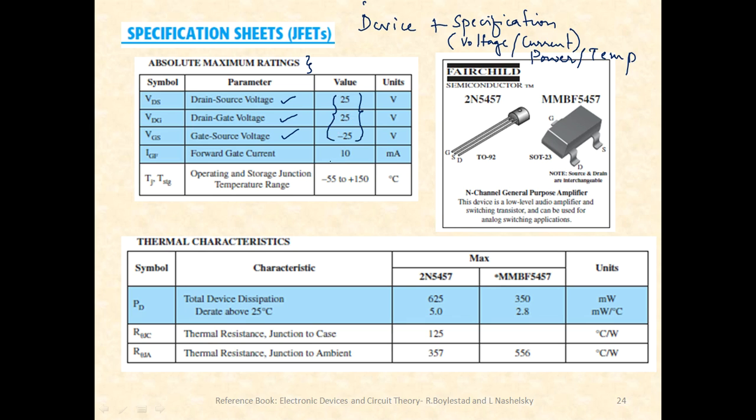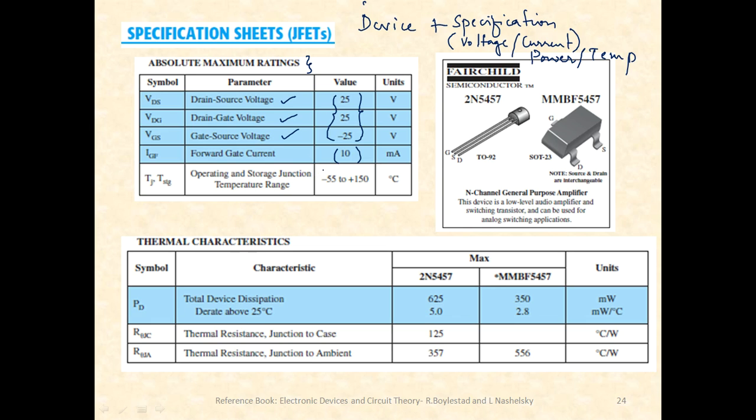Similarly, the maximum current that can flow through a JFET will also be limited. Here the forward gate current is approximately 10 milliamps. It cannot exceed beyond that. Similarly, the device will operate properly only within certain temperature ranges.